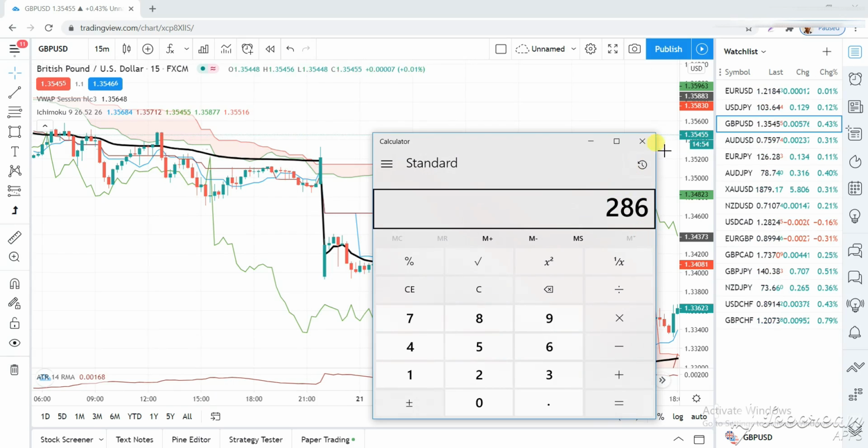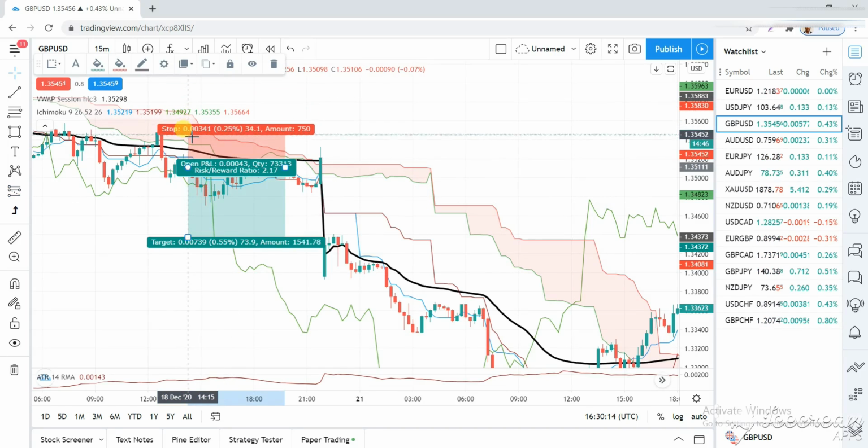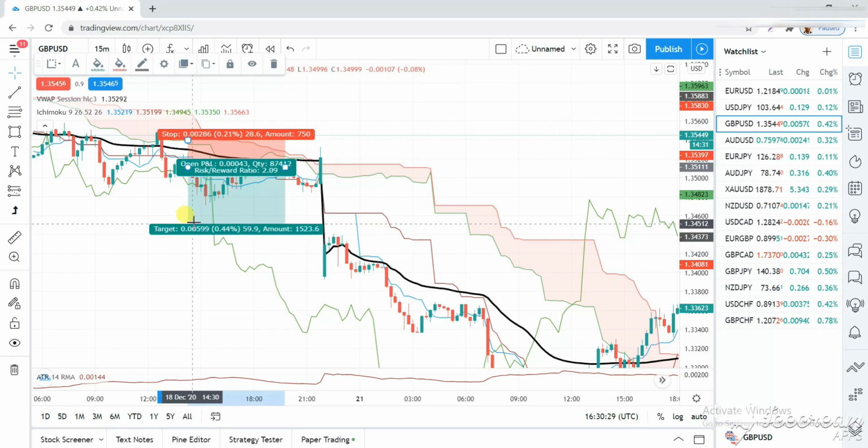So 286, you guys can see that clearly. So where's the entry? Okay, at this point, so 286 is gonna be my entry, and a 1 to 1.5.